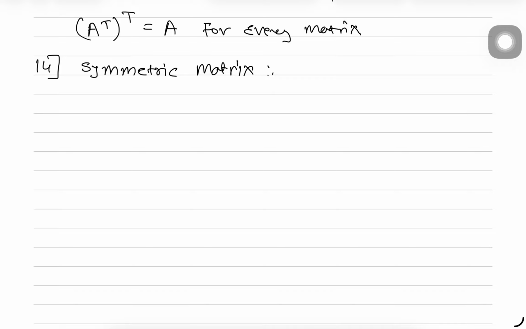A square matrix A equal to A of ij is called a symmetric matrix if A is equal to A dash, that is, A of ij is equal to A of ji.